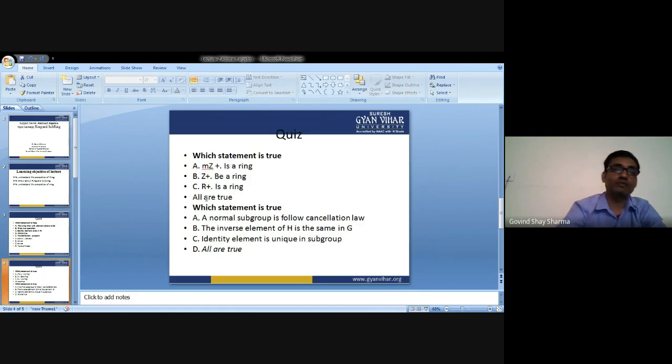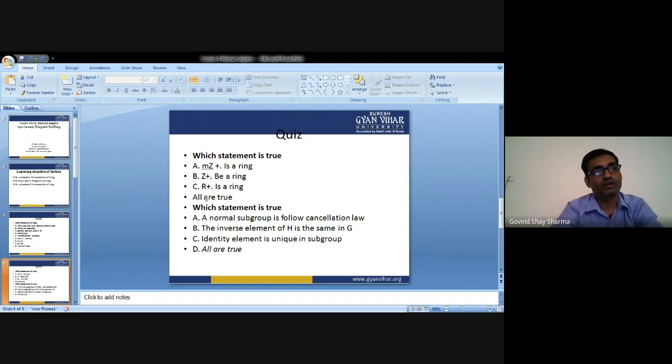Which statement is true: MZ with plus and dot is a ring? Yes, if M is an even integer, but here no condition is written on M. If we add that M is an even integer, then we can say that MZ is always a ring. But M is not defined.